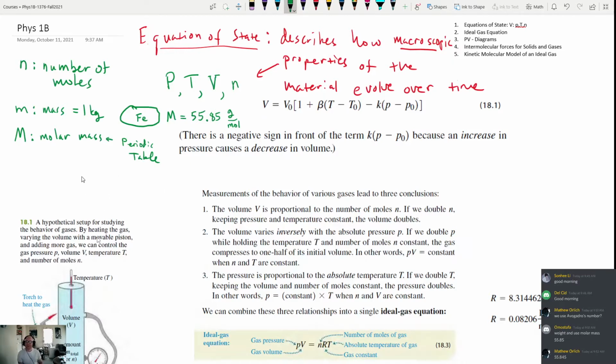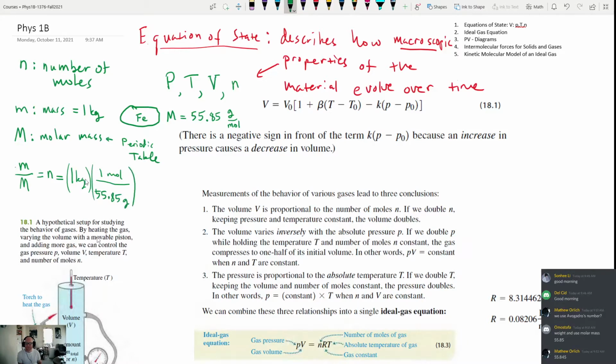So we could find that if you have 1 kilogram of mass, you just take the mass divided by the molar mass, which should give you the moles, right? This would be the equation, I think: M over m would be equal to little m. Because then if you do 1 kg divided by, so it's going to be 1 mole divided by 55.85 grams.